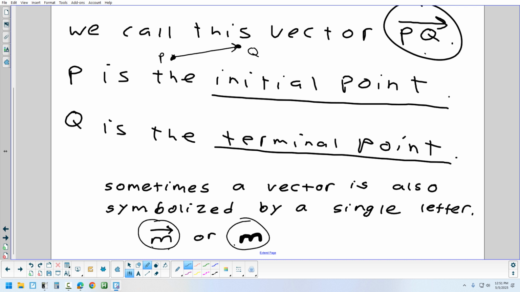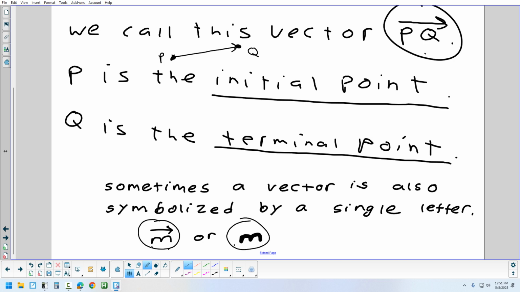There are three letters that you do not want to use when you're naming vectors: I, J, and K. That's because they are special and they mean something. We're going to learn what they mean either at the end of today or tomorrow. Other than that, you can pick any letter for the name of the vector.